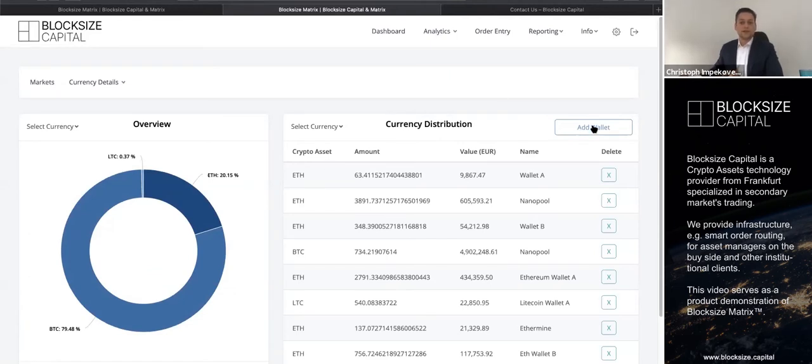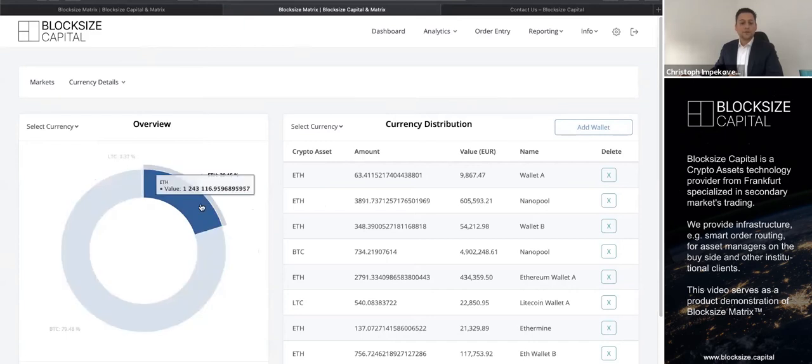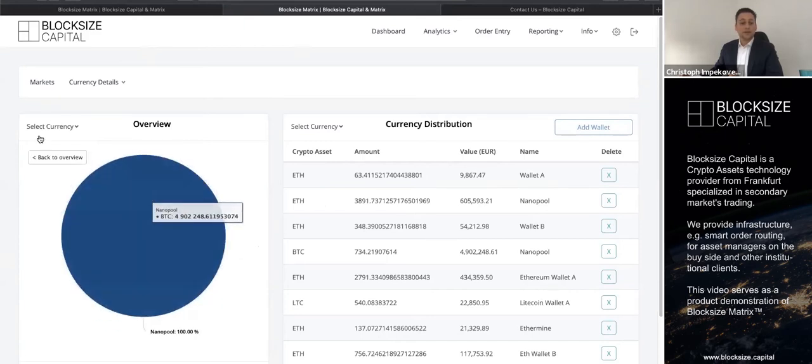And here you're having an overall visualization of your total holdings. You're able to select the reporting currency, which is right now in euro, as you can see here, and several crypto positions are aggregated on the left-hand side, as you can see here on the pie chart. And you're able to drill down into the dedicated positions.